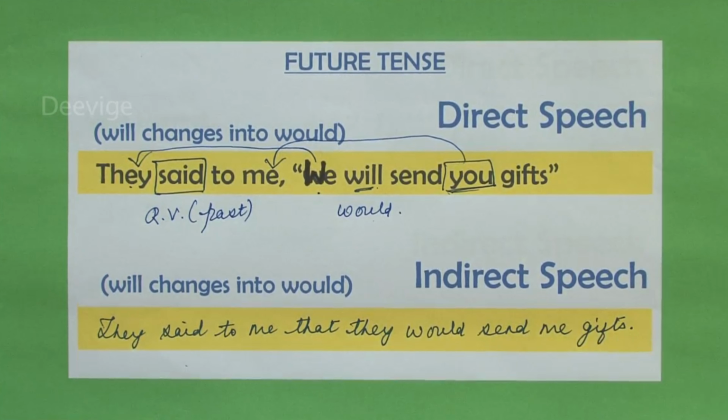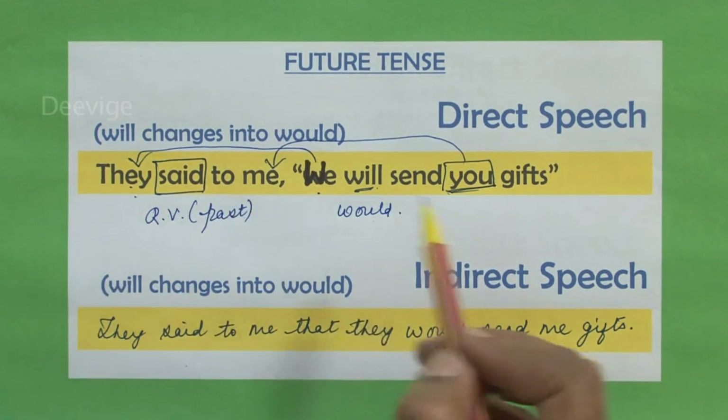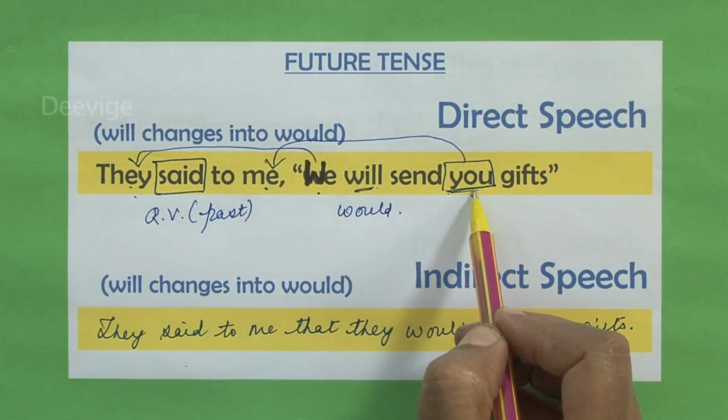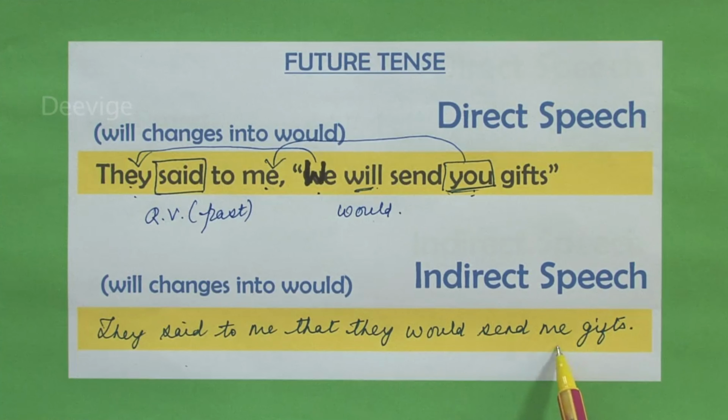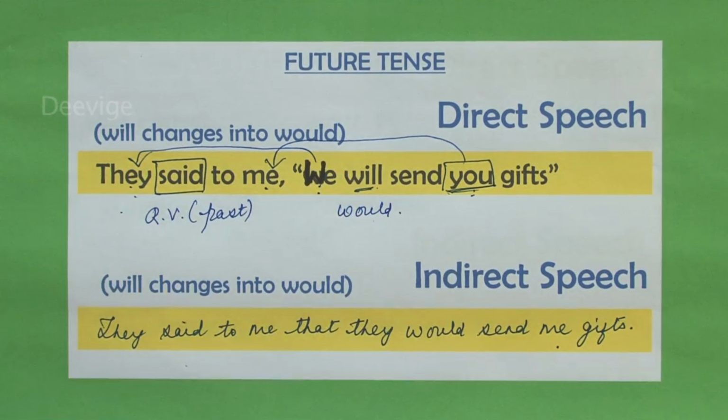Did you understand why I have changed the pronoun, students? We is a reference to they and you is a reference to me, and therefore you will be changed to me and we will be changed to they. So they said to me that they would send me gifts.